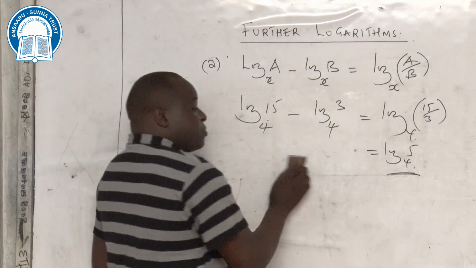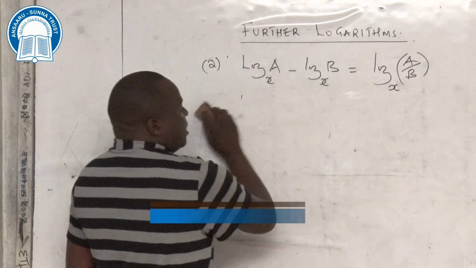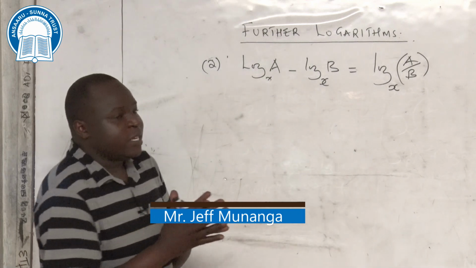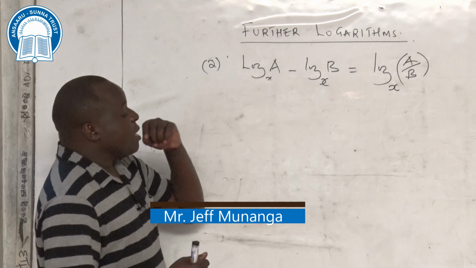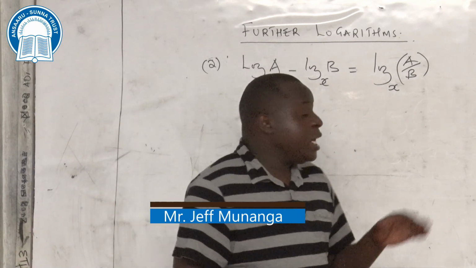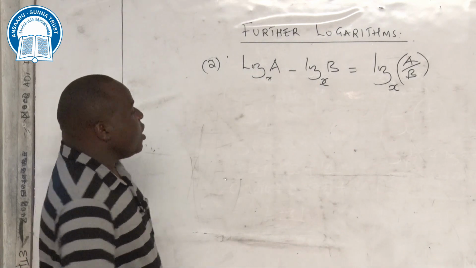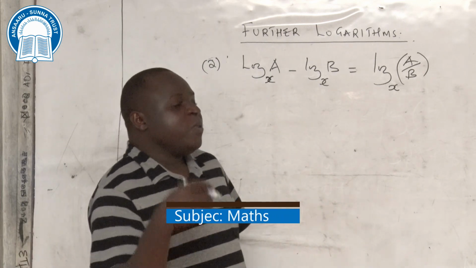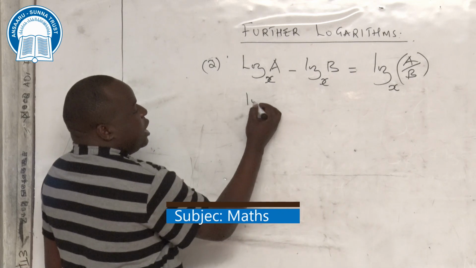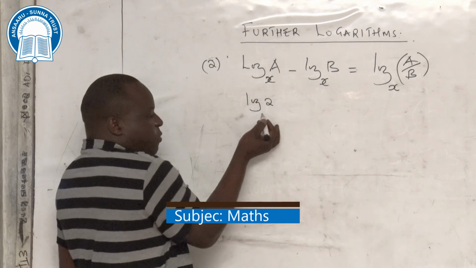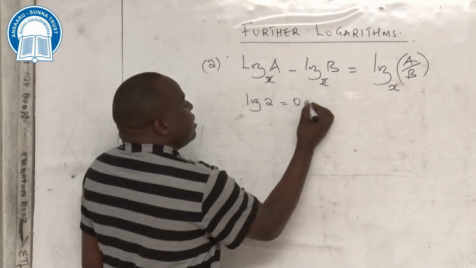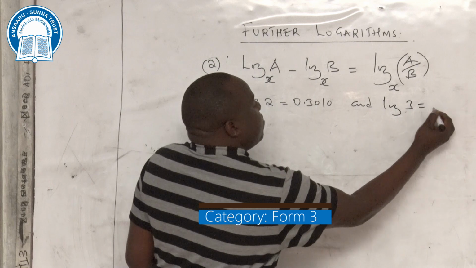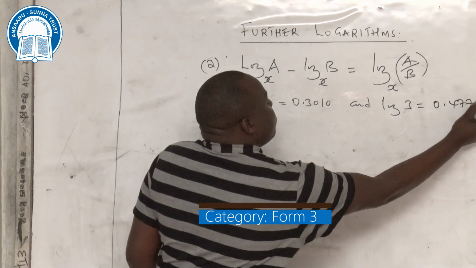Okay, this said, let's now look at the main application of this law. Like I just explained the first case, you always look at the main applications and how questions should be asked in an exam. So using this law, and the same example of maybe question I used in the first law, if you're told, given that log 2, of course it's base 10, equals 0.3010, and log 3 equals 0.4771.